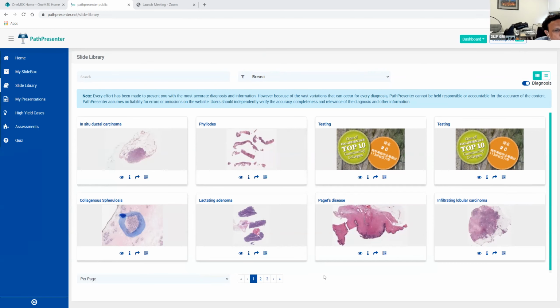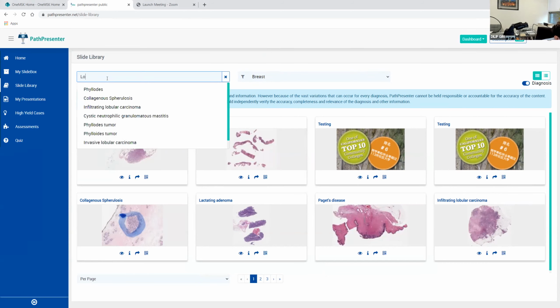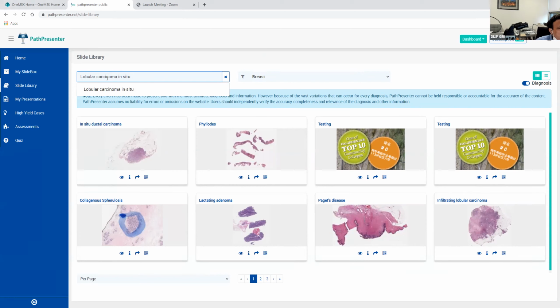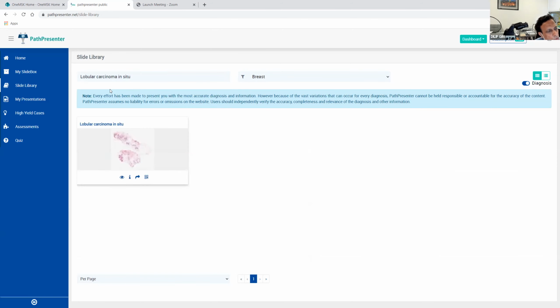Okay. So I was thinking that let's see if we can talk about lobular carcinoma in situ. So let me just put the search word in. There are a few things that I think are of practical importance when it comes to lobular carcinoma in situ.